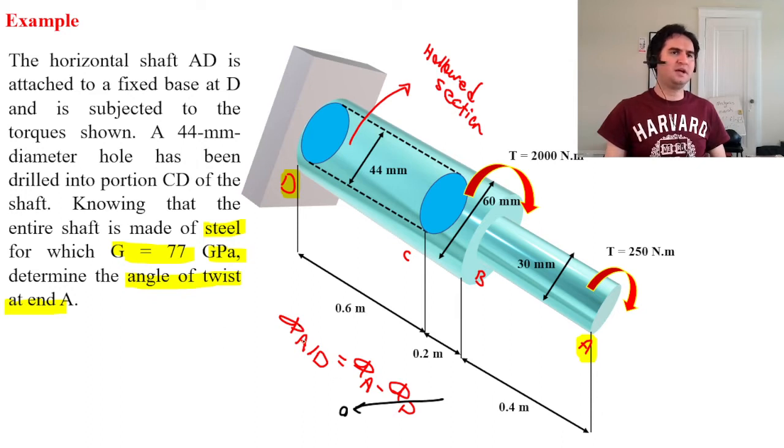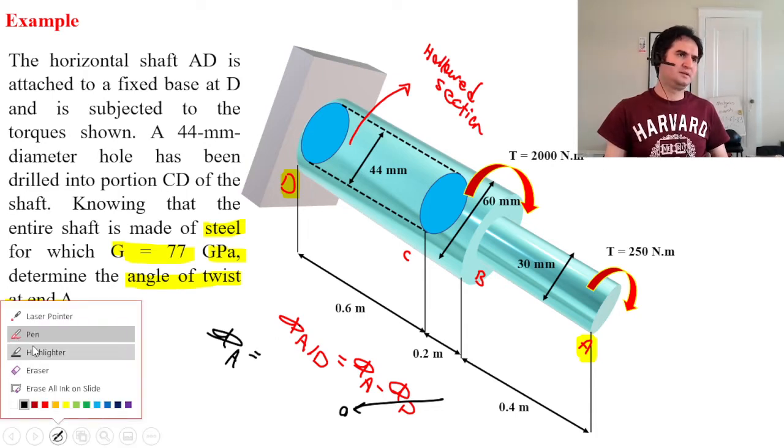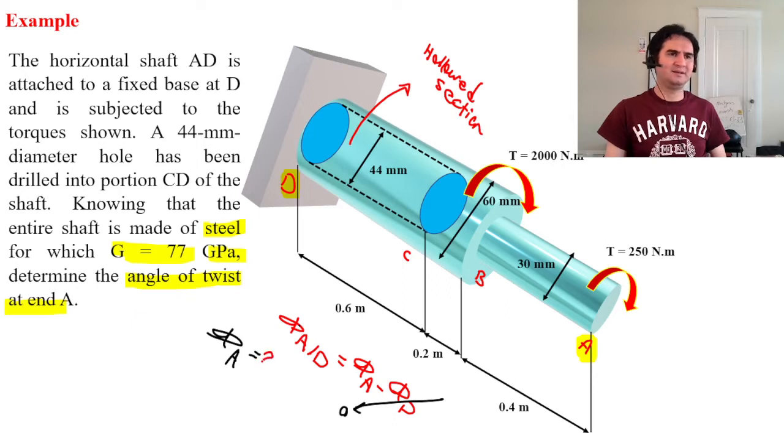So phi A with respect to D is just phi A. And we want to know the numeric value for that in degrees.